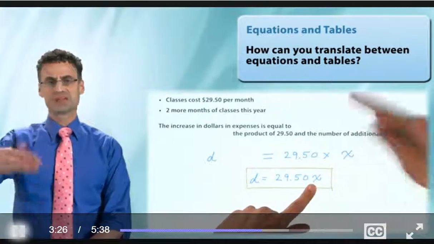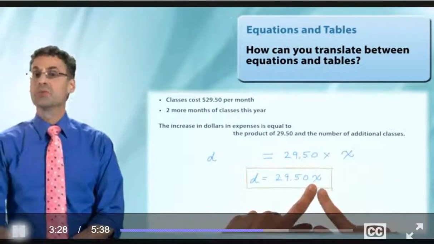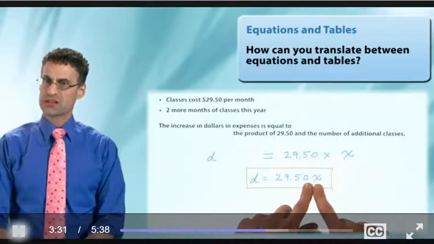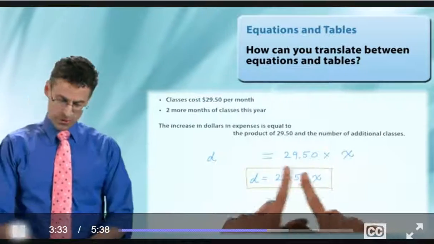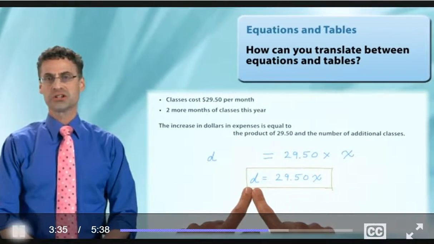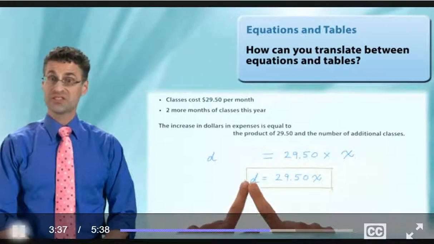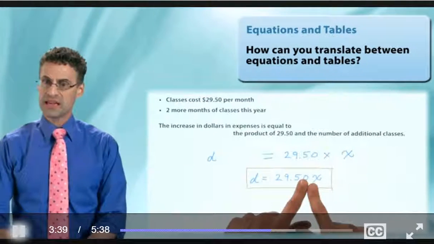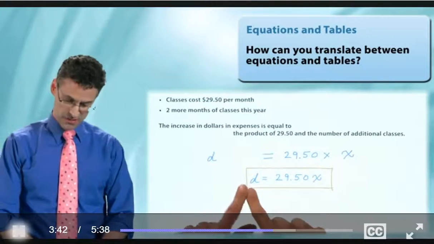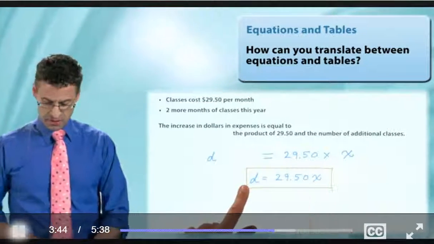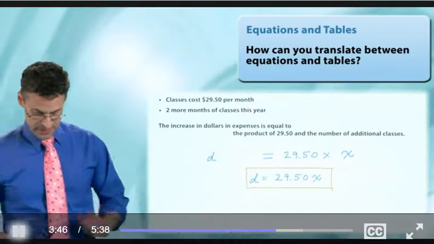He could take as many months of extra classes as he wants. We don't know. But once you tell me how many months extra he's going to study karate, that will determine the additional amount of the expense. Do you see how this is determined by this? This could be anything, but this is going to be determined by that choice. So this is the independent and this is the dependent variable.